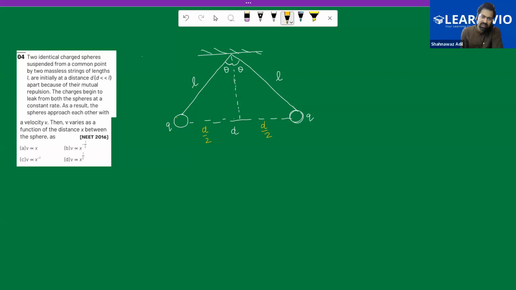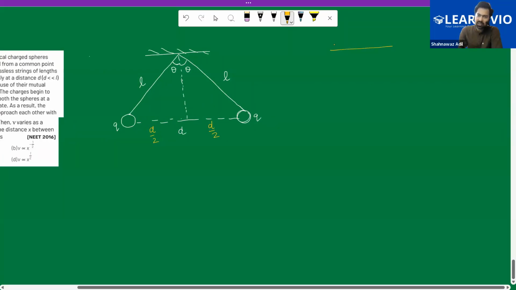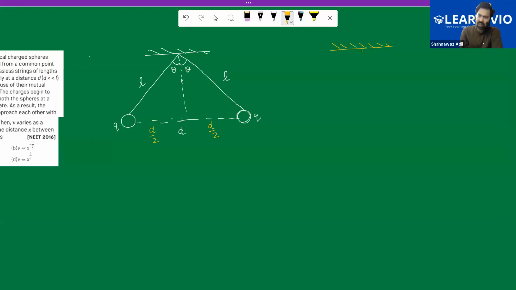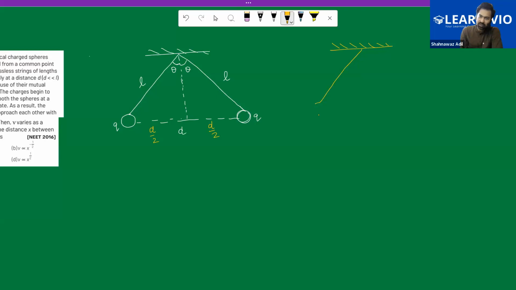So now the charge is leaking, right? The charge has become how much? Let's say the charge has become q dash, and then this is q dash, and let's say this distance is x, so this is x distance, and this is x distance, right?